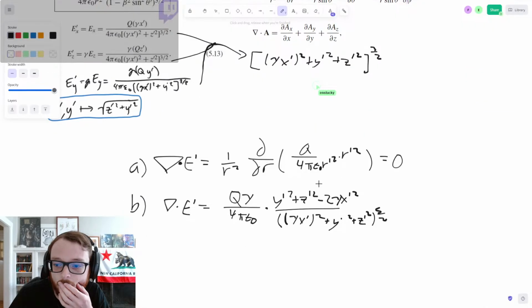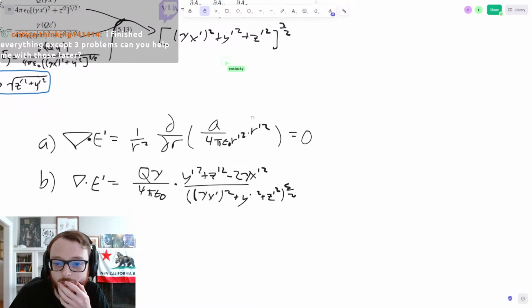Okay, I have another question. If we're dealing with a point charge, do we have to worry about the length being contracted if it's just a point?